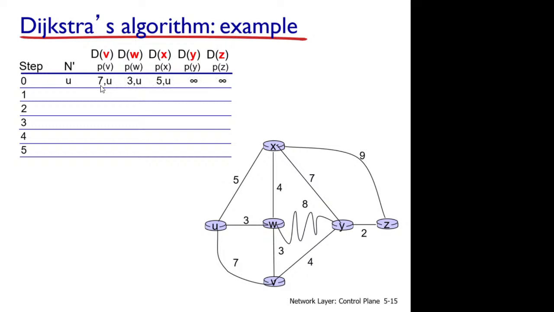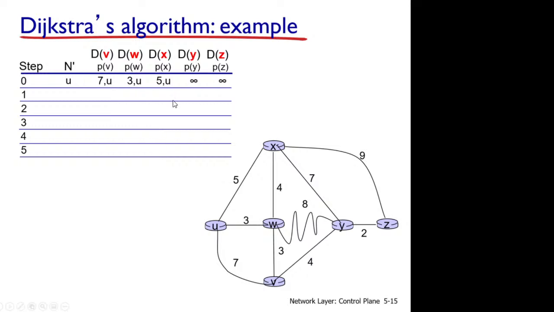So step one is to write down the cost to the routers that are connected to you, to node U. There are three routers connected: X, W, and V. Those are the only routers I can know anything about in my first iteration.